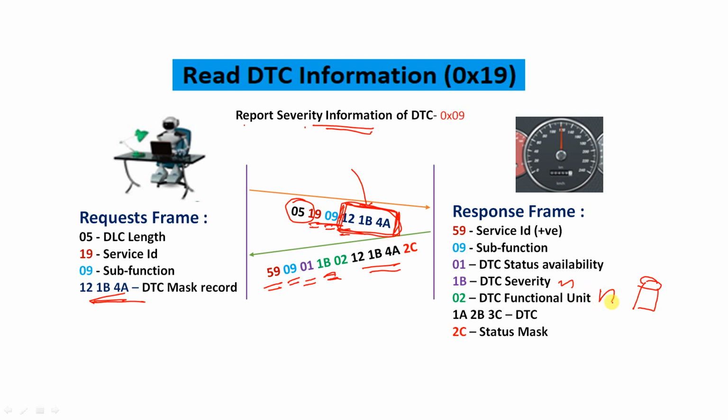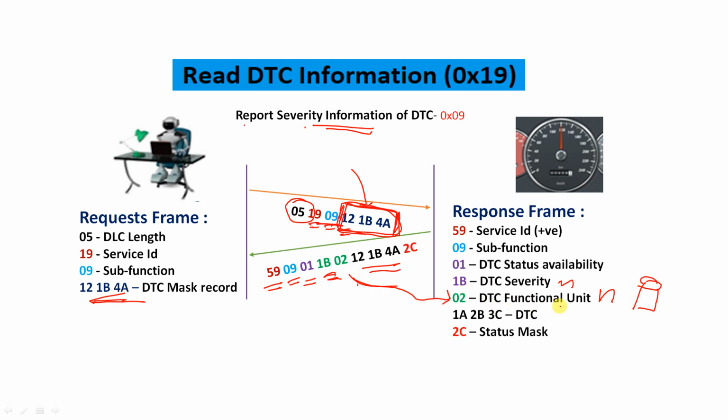This is also a strange one, right? Each DTC belongs to some functional unit. So 02 is a functional unit in this project, or in this example. So this DTC belongs to this DTC functional unit. Maybe if possible, I'll make a separate video on what a DTC functional unit is. For the time being, you can understand how severity has a separate group like that.